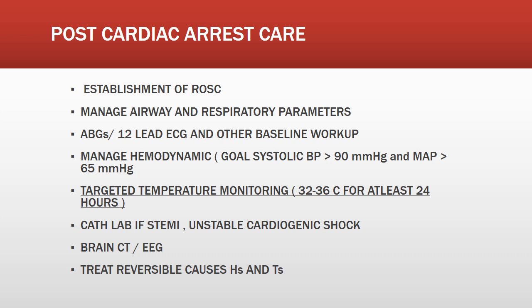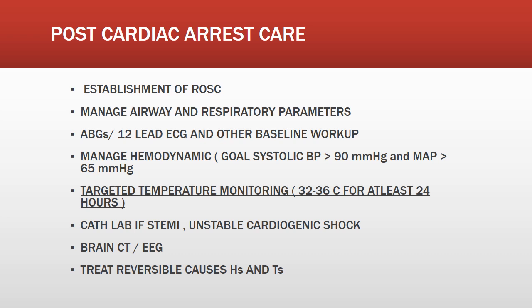That is, you keep the saturation from 92 to 98 percent and the partial pressure of carbon dioxide should be 35 millimeter of mercury. Then you will go for ABGs. You can assess the cause from ABGs as well, and a 12 lead ECG is a must then, and other baseline workup to identify the causes.